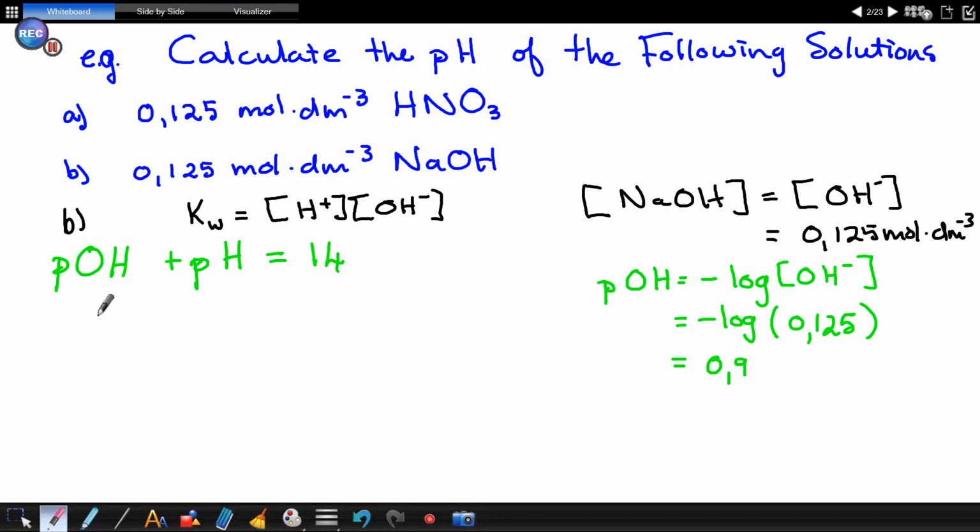So the pOH is 0.9. What will the pH be? The pH is 13.1. 14 minus 0.9 is 13.1.